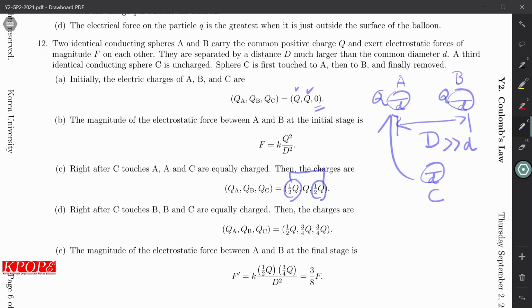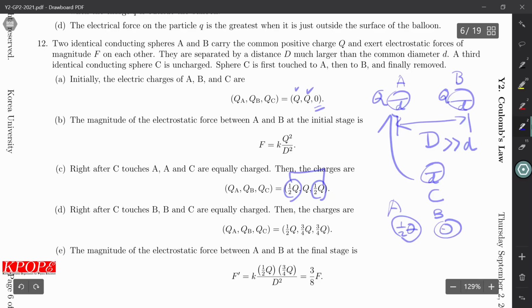Alright, and then C touches A, then B. So now we have A with 1/2 Q, B with Q, C with 1/2 Q. C touches B. Then, because they are identical, the sum is 3/2 of Q, and it is divided into two pieces equally.